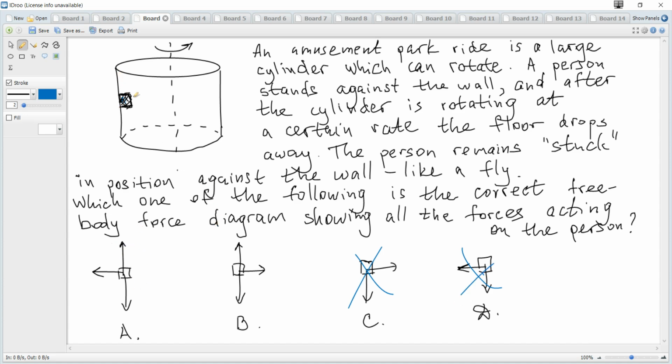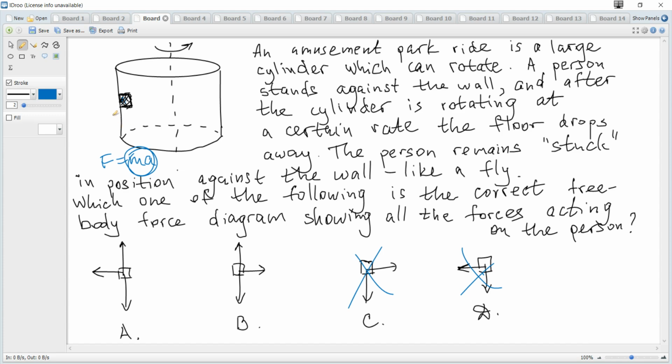And if we consider the horizontal direction, since it is moving in a circular path, we know that F is ma and is equal to 0 for translational equilibrium, and actually it's in equilibrium in general.